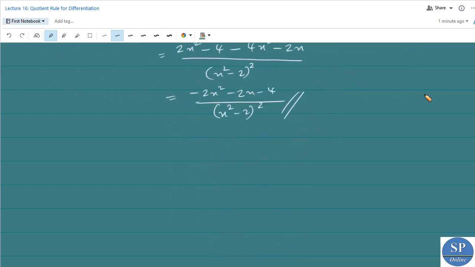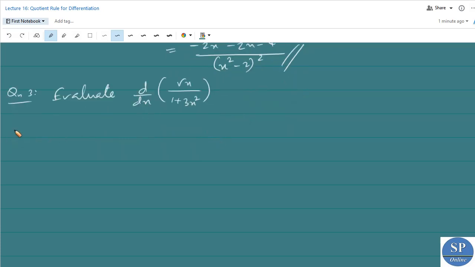Next one, evaluate d by dx of square root of x divided by 1 plus 3x square. Square root of x divided by 1 plus 3x square.